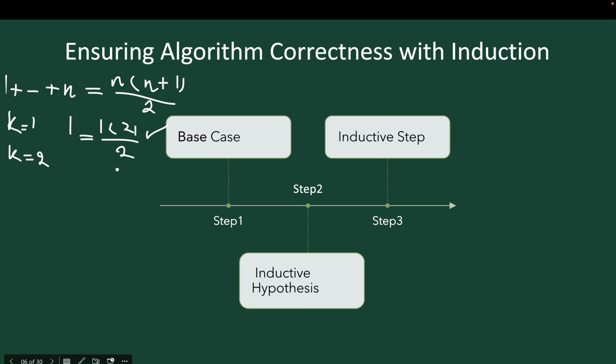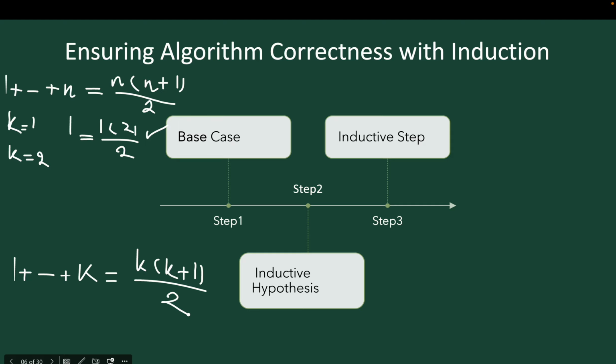When the base case holds, when you have guessed your output result, you go to the next step, the inductive hypothesis. It means that you assume this formula holds for k inputs. That is, you assume that the sum of 1 until k is equal to k multiplied by k plus 1, divided by 2.